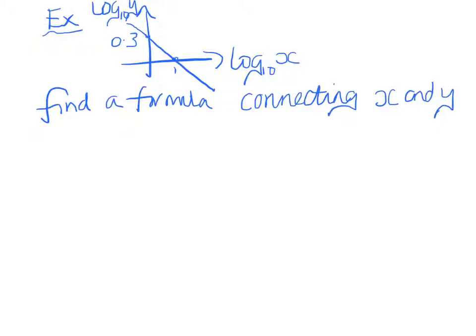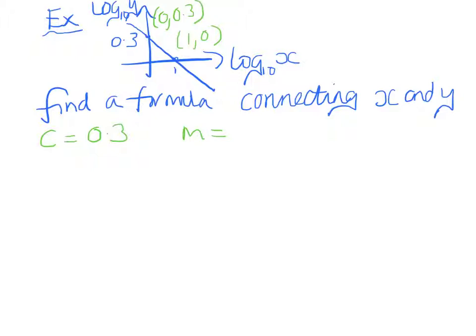So the first thing we're going to do, as it's a straight line, is find the equation of the straight line. I can see from the diagram that my y-intercept is 0.3. The other thing I need is my gradient. And for that I'm going to need 2 points from the line. I can see one here, that's 1, 0. And I can see one here, 0, 0.3.